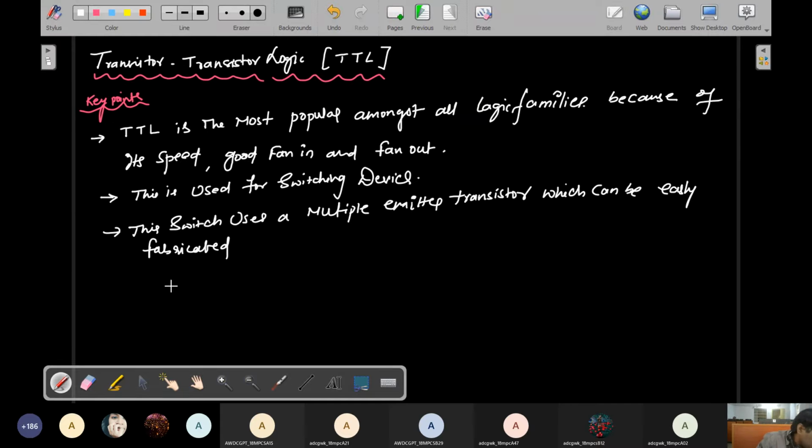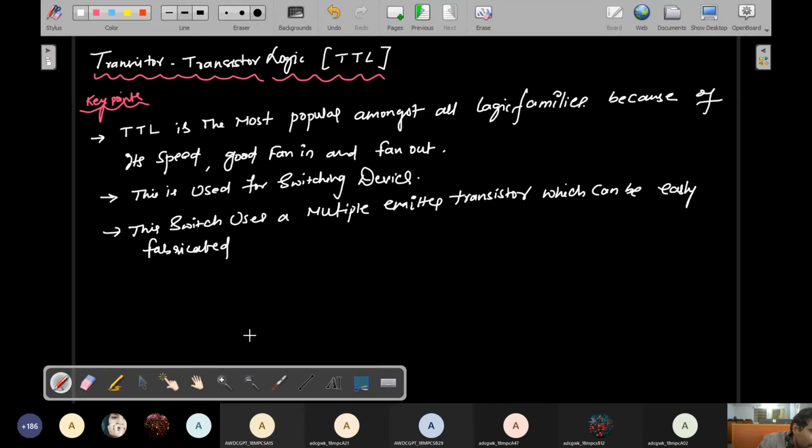Okay, an important point is the number of emitters, but I'm not telling all these things. Why? Because your textbook will give you a lot of theory. Don't memorize the theory. You can understand by observing the circuit diagram.